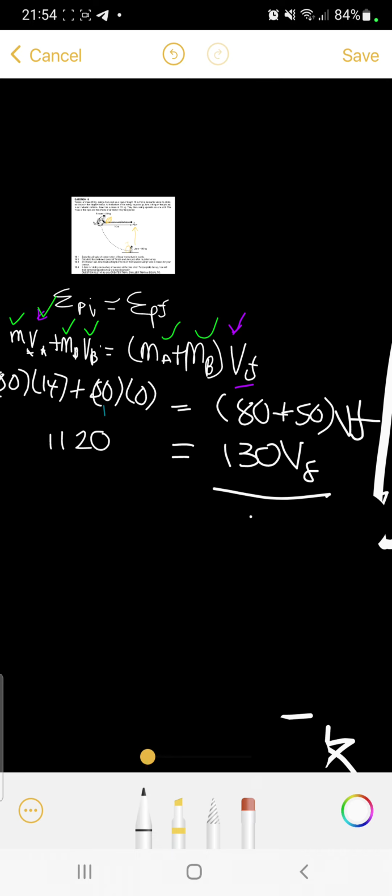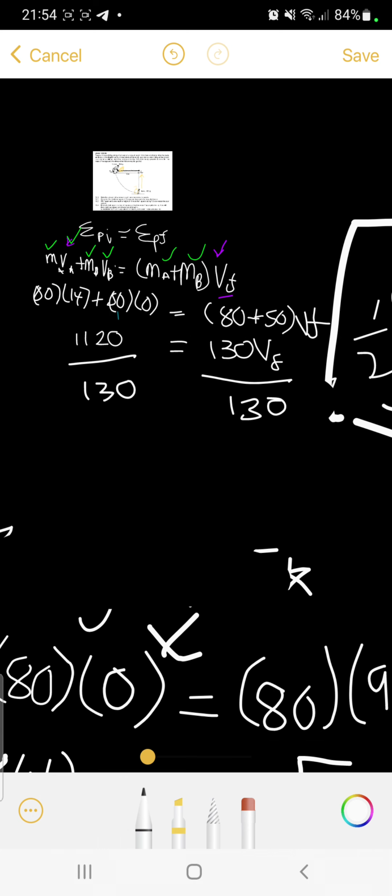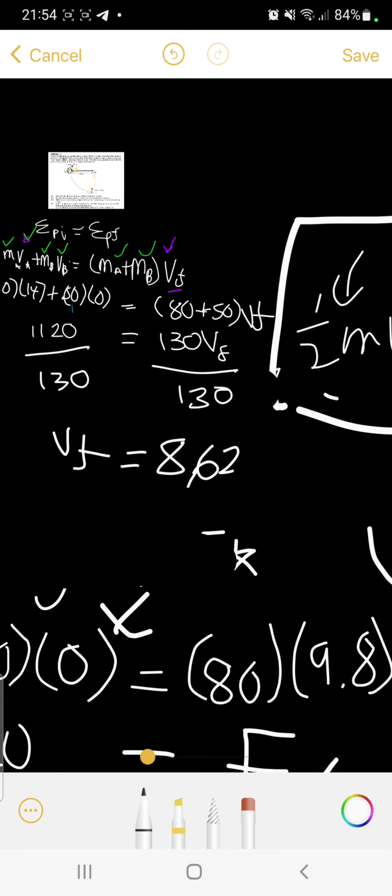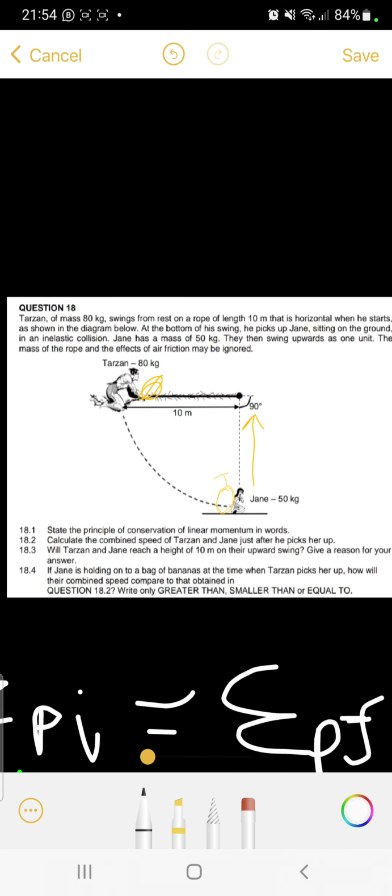We divide both sides by 130 to get VF on its own, and we get our VF as 8.62 meters per second.